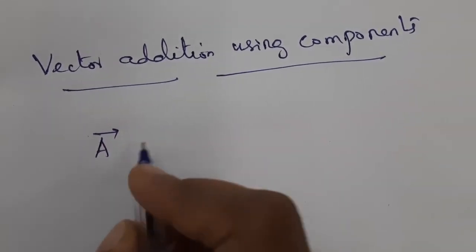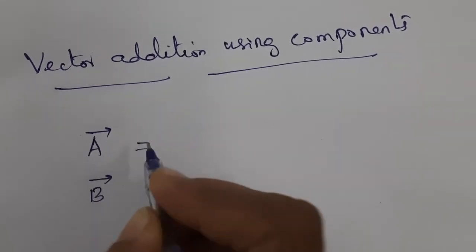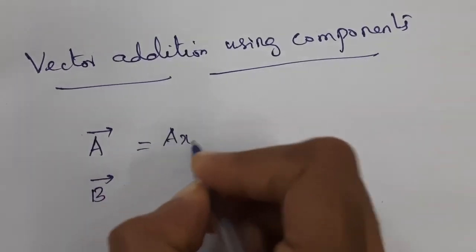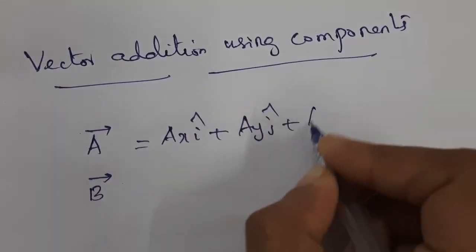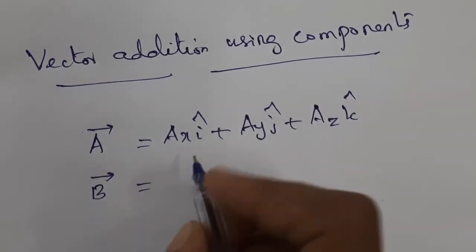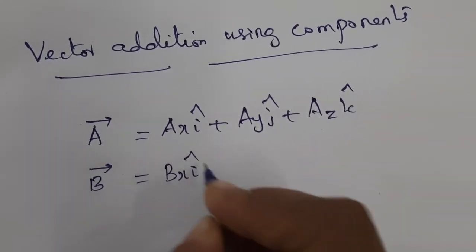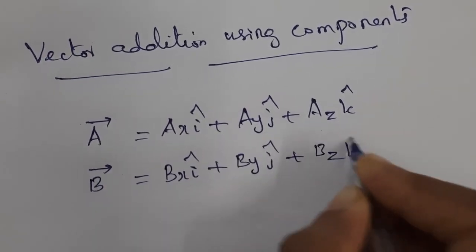A vector can be expressed as ax i cap plus ay j cap plus az k cap. B vector can be written as bx i cap plus by j cap plus bz k cap.